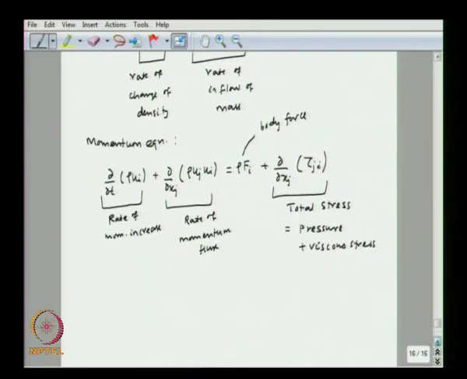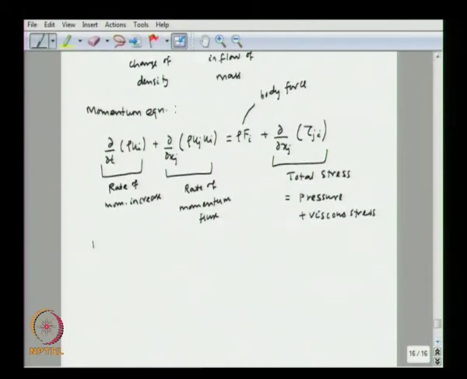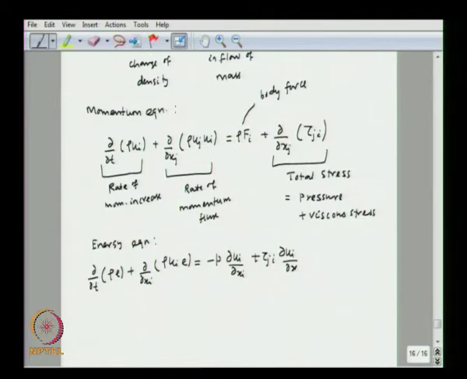We can write the energy equation: ∂/∂t (ρE) + ∂/∂xi (ρ ui E) = -P ∂ui/∂xi + τji ∂ui/∂xj + ∂qi/∂xi.